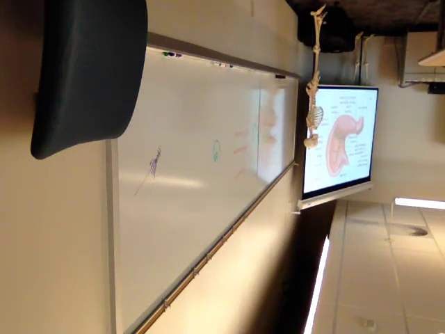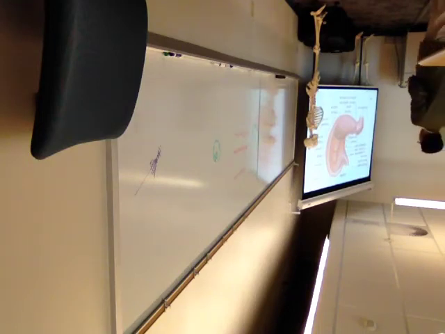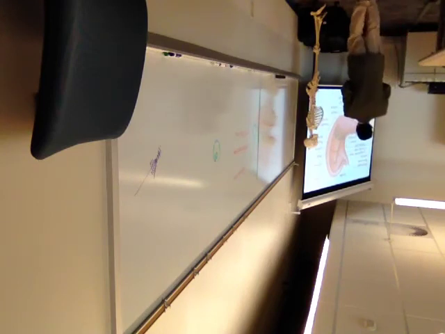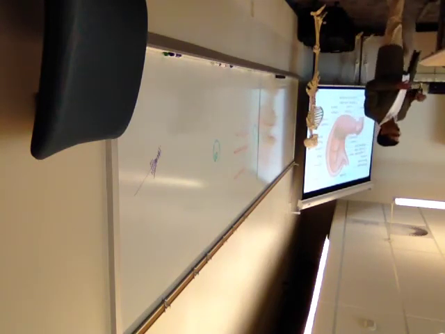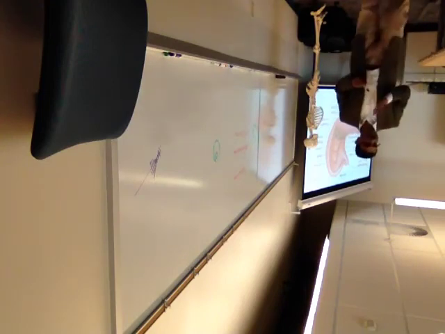The circular and longitudinal. That's true for all other parts of the gastrointestinal tract except the stomach. The stomach has an additional layer that's called the oblique. So some muscle fibers are obliquely based. That oblique layer is the innermost layer. So an extra layer of smooth muscle is present in the stomach. That's the oblique layer. Remember that.